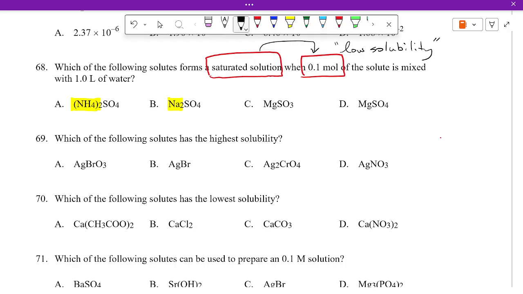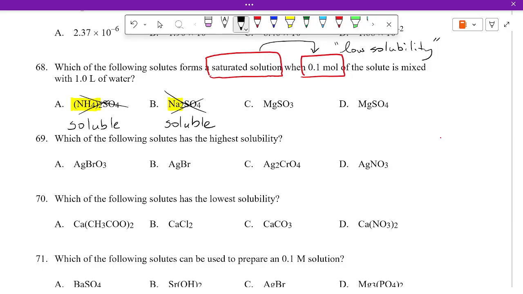And these guys are soluble. And this one is soluble. How do we feel about that, the fact that they have to be low solubility? Yeah? Okay. Then we need to look at magnesium sulfite and magnesium sulfate.